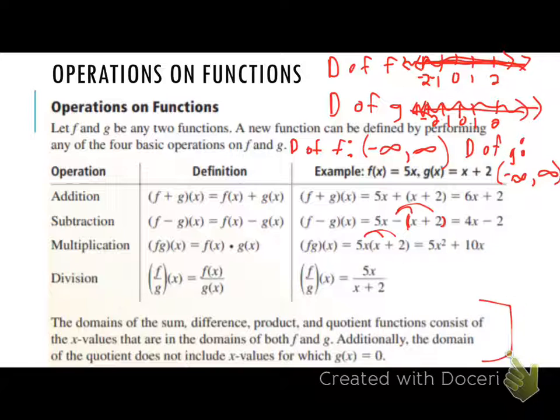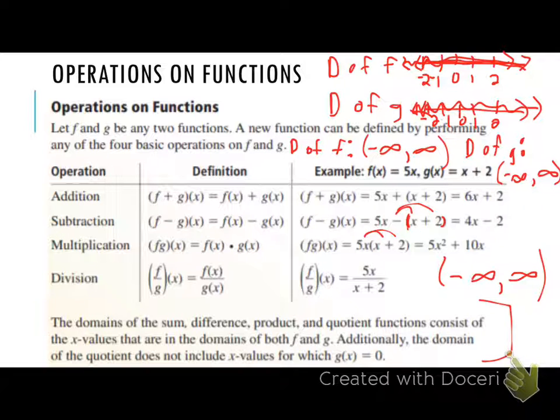So what's the domain of all of these functions? It'd be the same thing. So general rule of thumb is if your f and your g have the same domain, then your new function is going to have the same domain. We'll see one in a little bit where they don't have the same, and we'll analyze that when we get there.